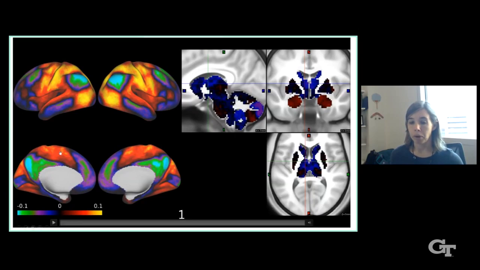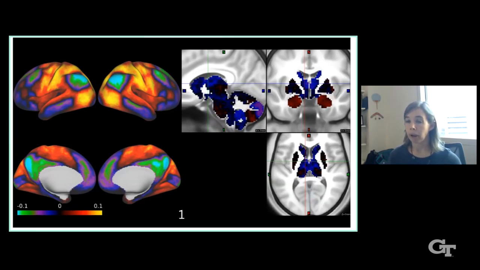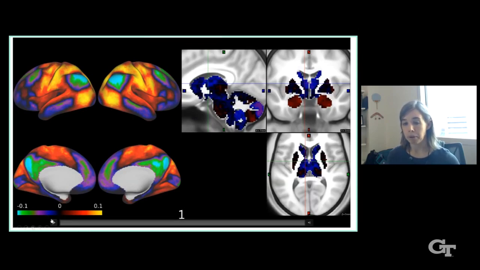The other network, sometimes called the task positive network, is in the warm colors, and that's been associated with external focus, or being active during a lot of different types of tasks. And so you can see these are opposite of each other, and it's known that these networks are anti-correlated. And so when I play this movie, you'll see that in this spatiotemporal pattern, they're also anti-correlated, which makes perfect sense.